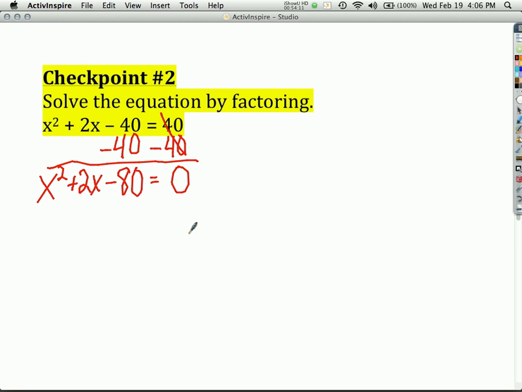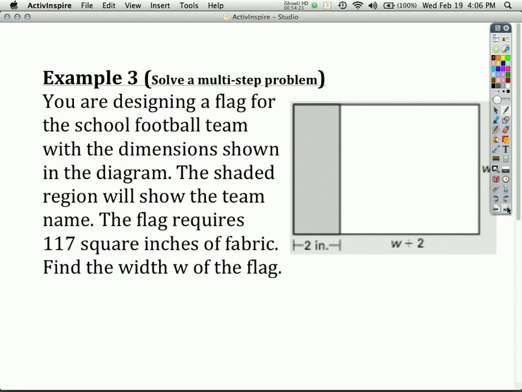Now we're going to apply it to a higher level real world scenario. When I put up the question, you are to read the question, don't copy it, but then you need the diagram. So read, copy, diagram.